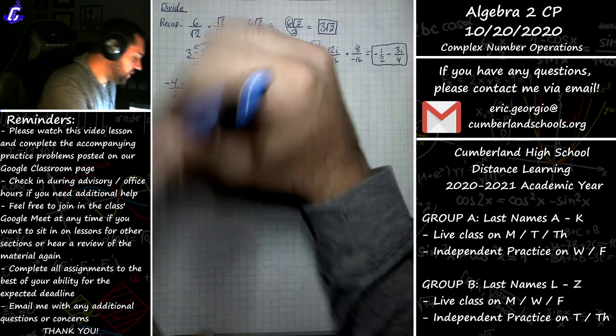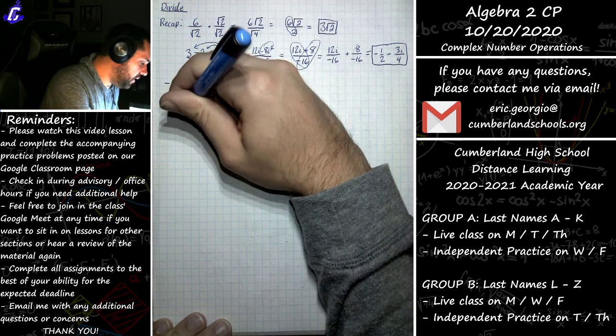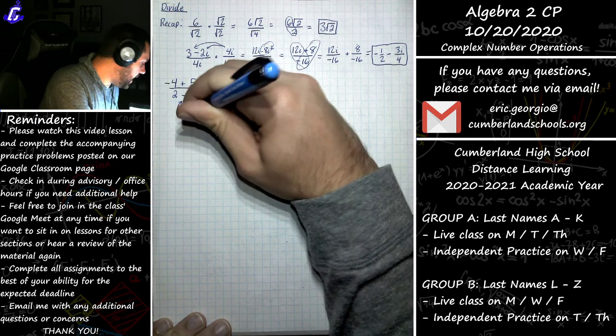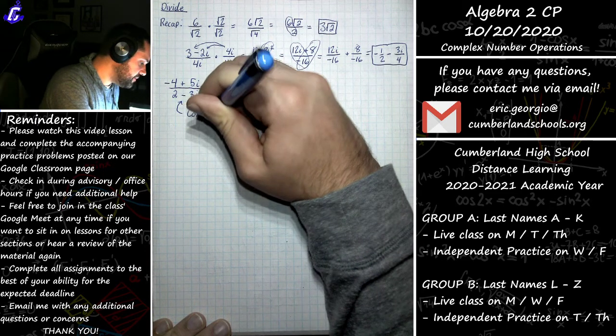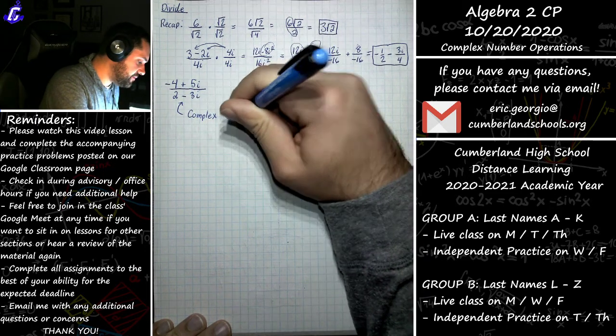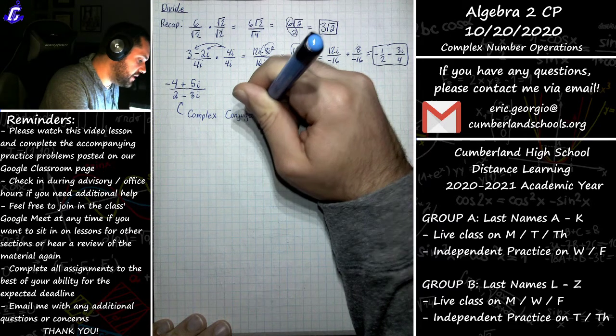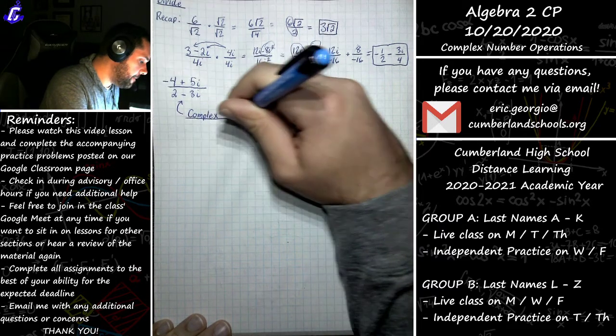And what we would multiply it by is something that's called the complex conjugate. Just like conjugating a verb. All right?